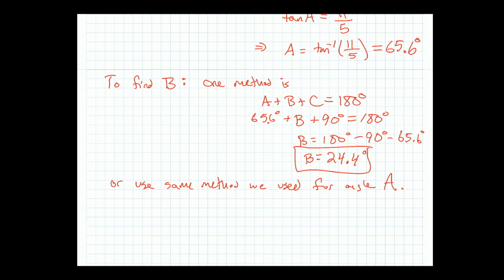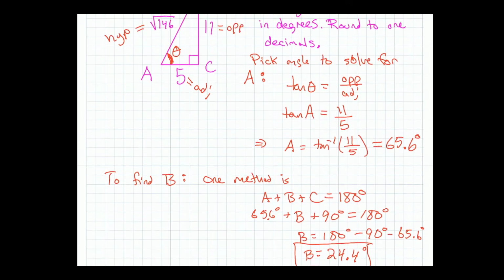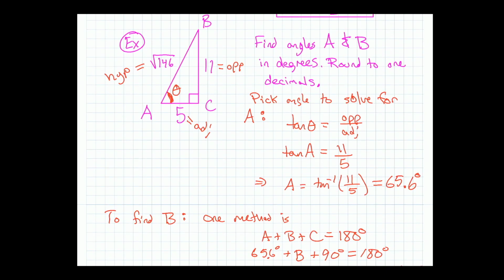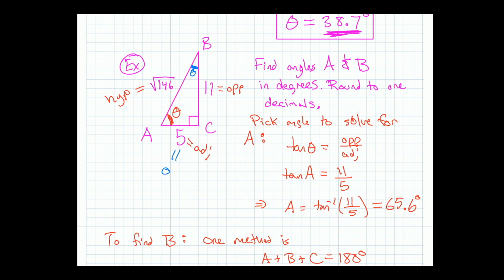We could use the same method as we used for angle A. So you'd have to come back up here and say, well, all right, if we were finding angle B, I'm going to do this in a different color. If we were doing angle B, then this would be my angle theta. And the 5 would actually be the opposite side. And the 11 would be the adjacent. So it all depends on which angle you're calling theta.